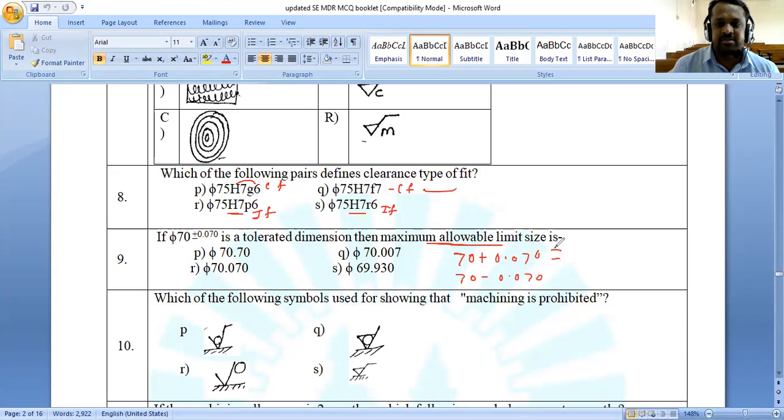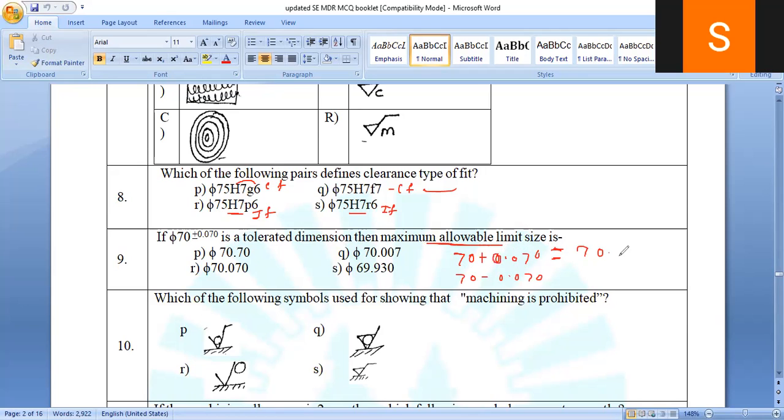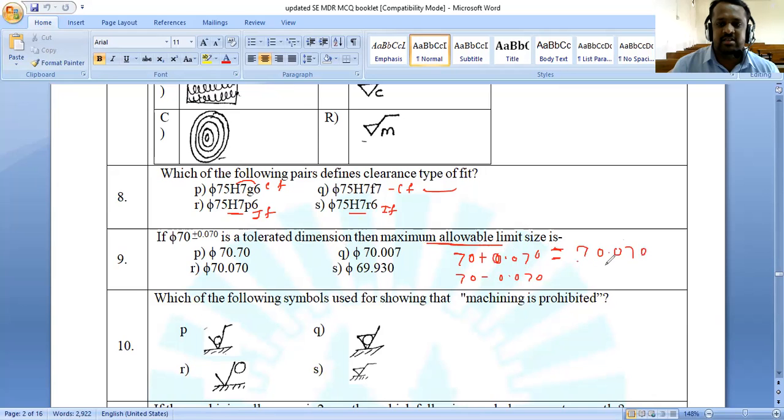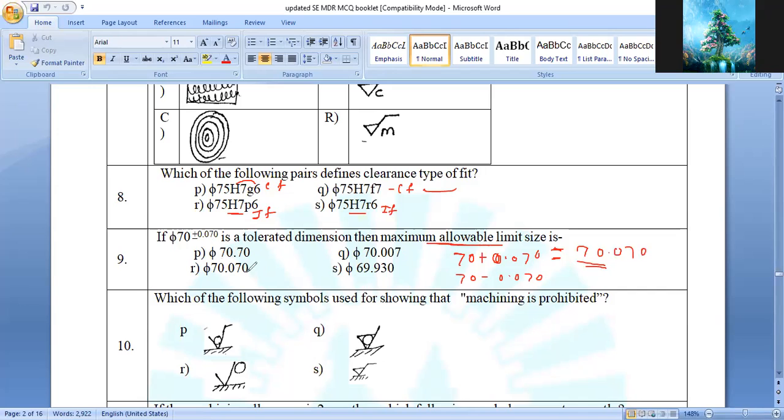So what is the maximum limit here? It is 70.07. It is correct, na? Yes, sir. Okay.